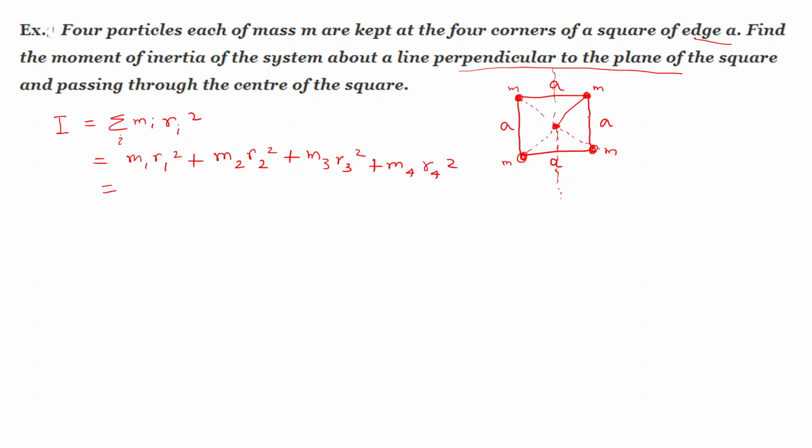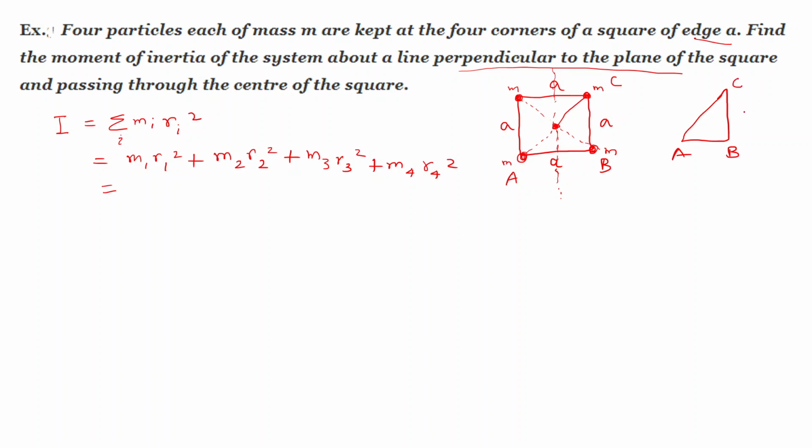We know this property that for any square, diagonals of a square perpendicularly bisect each other. That means this distance is half of the total. Let's call this A, let's call this B, and let's call this C, and I'm making this triangle again to keep it a little clear.